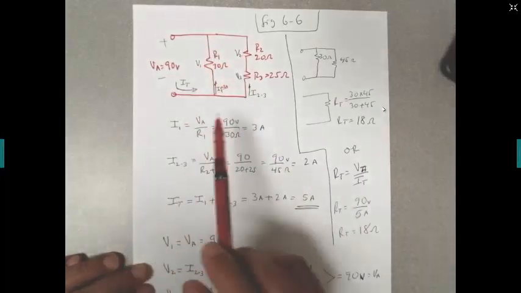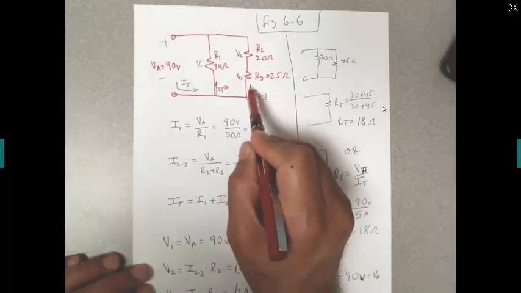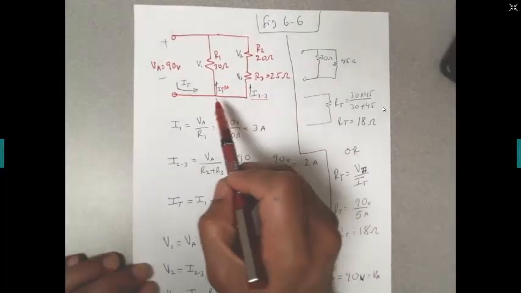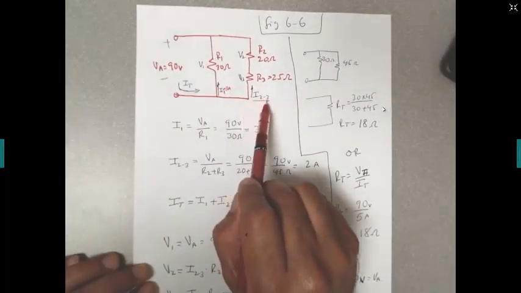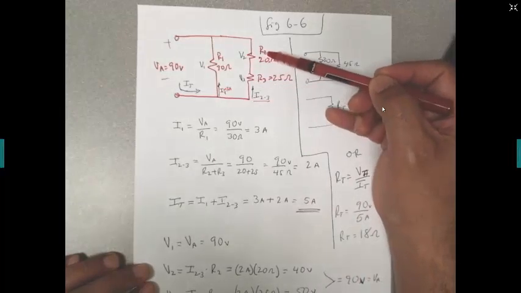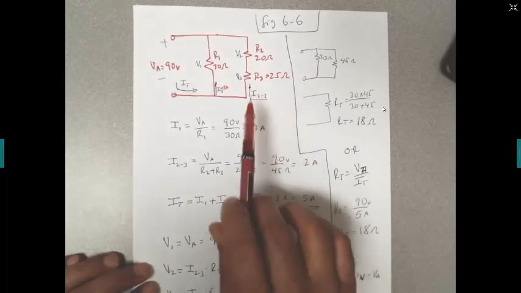To find I23, and again, this is just the name I'm giving this current, I say this is I1 because it goes through resistor 1, and this is I23 because it goes through resistor 2 and resistor 3. This is just a name. You can name that whatever you like.